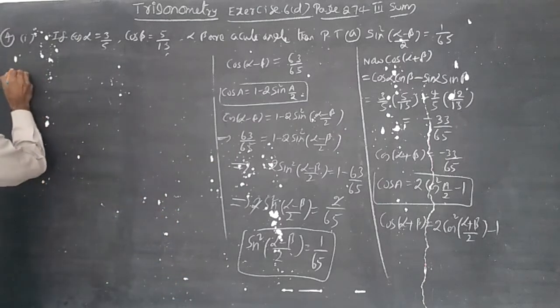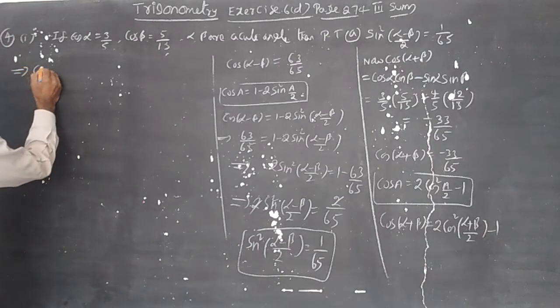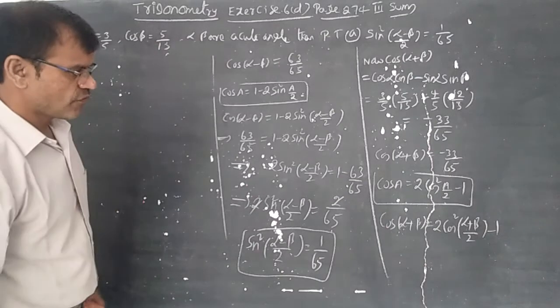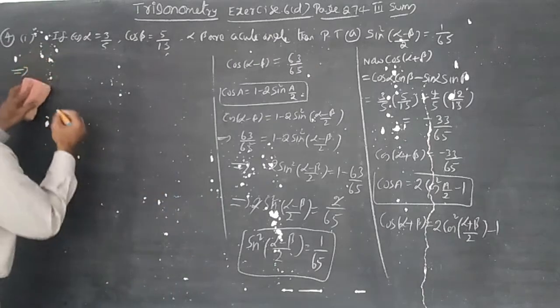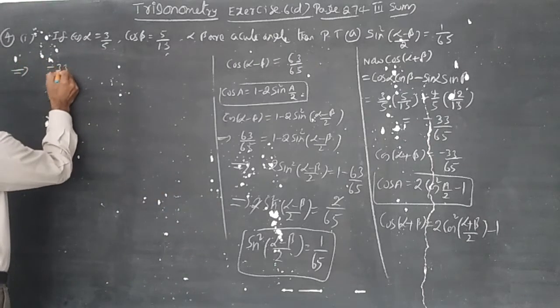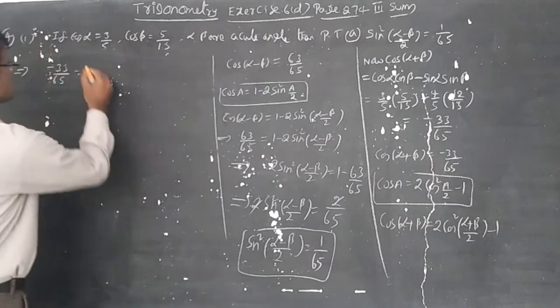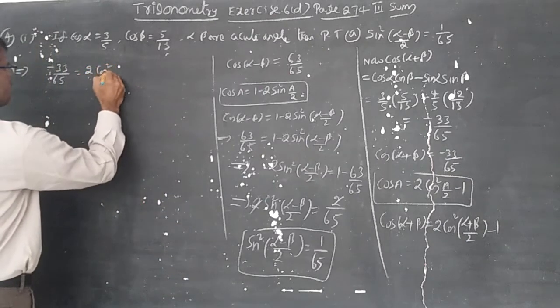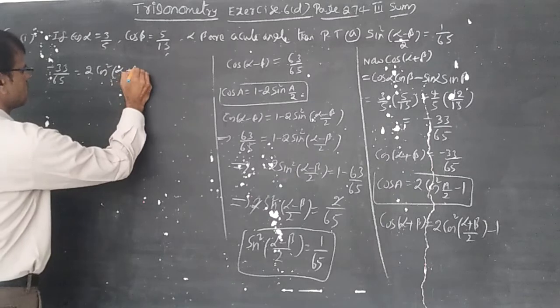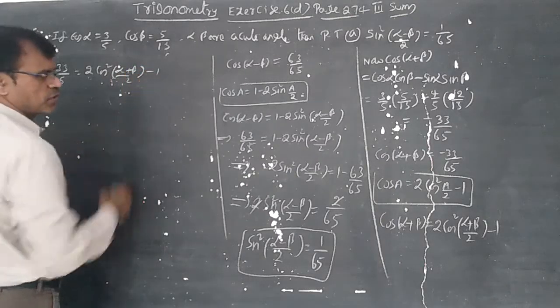Now cos of alpha plus beta value just we have calculated as minus 33 by 65 is equal to 2 cos square of alpha plus beta by 2 minus 1.